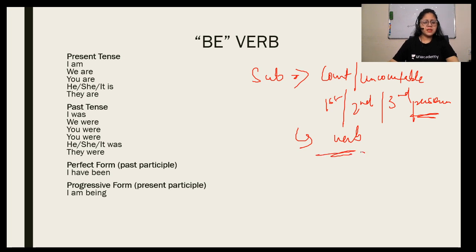So, a very important stage in understanding verbs is your ability to identify whether a particular noun is countable or uncountable, or whether it is first person, second person, or third person. All right. You can see these in the present, you can see these in the past. You can also see the past participle. I have been, progressive form, I am being.